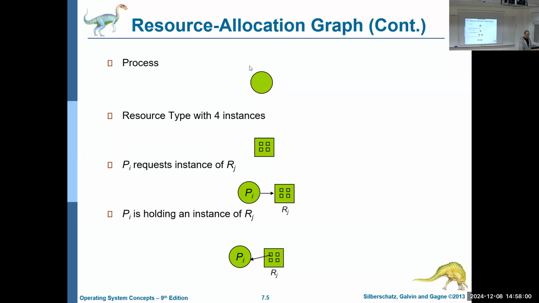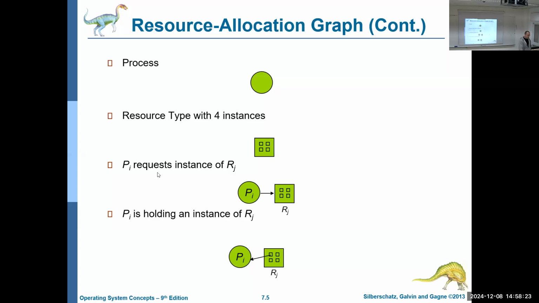A process is, let's say, a circle. And a resource is a square with little squares inside it. What are the little squares inside it? They're instances of that resource. For example, the square could be hard drives, and four squares inside means I have 4 hard drives, so anybody who wants a hard drive, I can give him one of these 4, and I can handle up to 4 requests simultaneously.